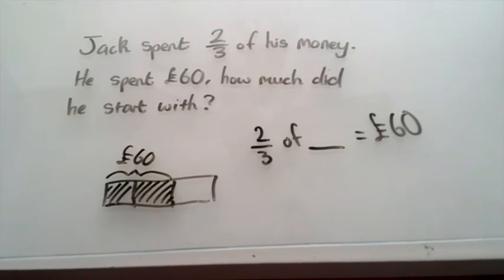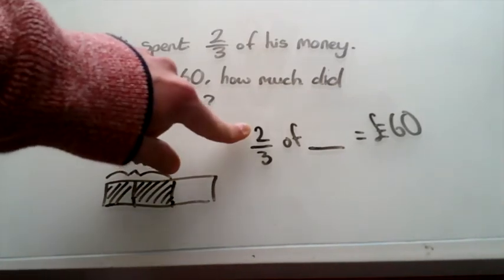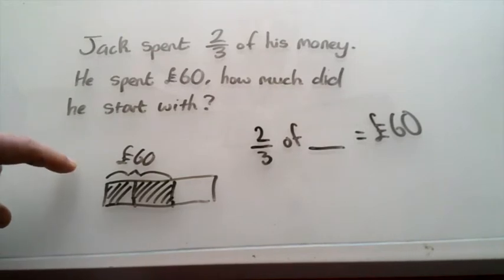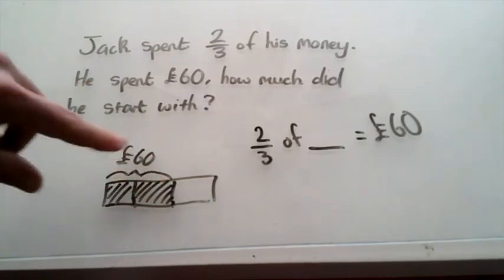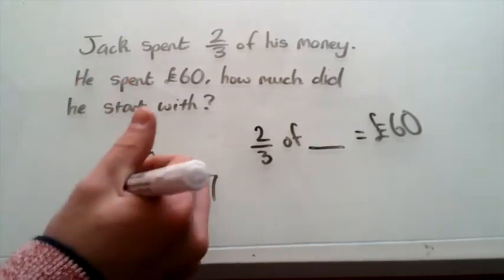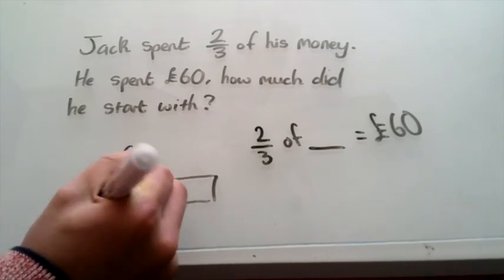So first of all we need to find what 1/3 is. So if 2/3 is £60, 1/3 is going to be half of that, isn't it? Because we're going from 2 as our numerator to 1, because it's split up into 2. So half of 60 is 30.